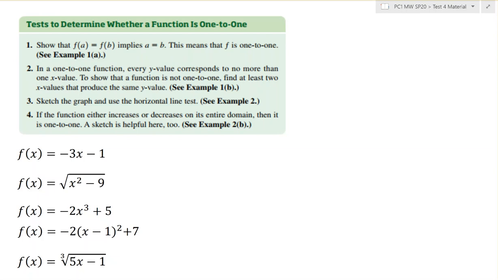In a one-to-one function, every y value corresponds to no more than one x value. For number 2, the test to show that something is not one-to-one is that you need to find at least two x values that produce the same y value. You're finding a counterexample.